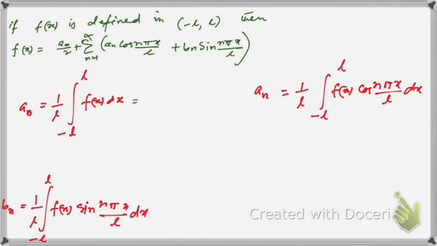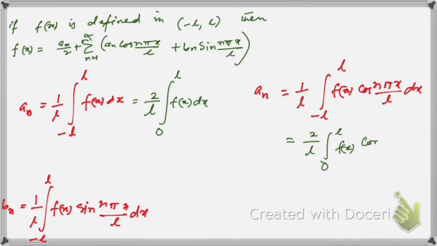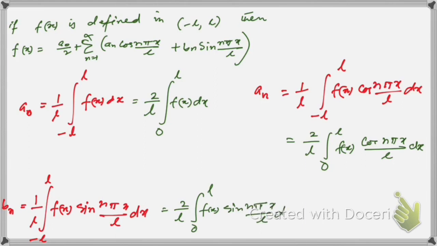You can write a naught is equal to 2 by l, where the interval changes to 0 to l, f of x dx, and similarly an can be written as 2 by l integral from 0 to l f of x cos n pi x by l dx, and bn can be written as 2 by l integral from 0 to l f of x sine n pi x by l dx. That's how you can write. Hope you have understood this.